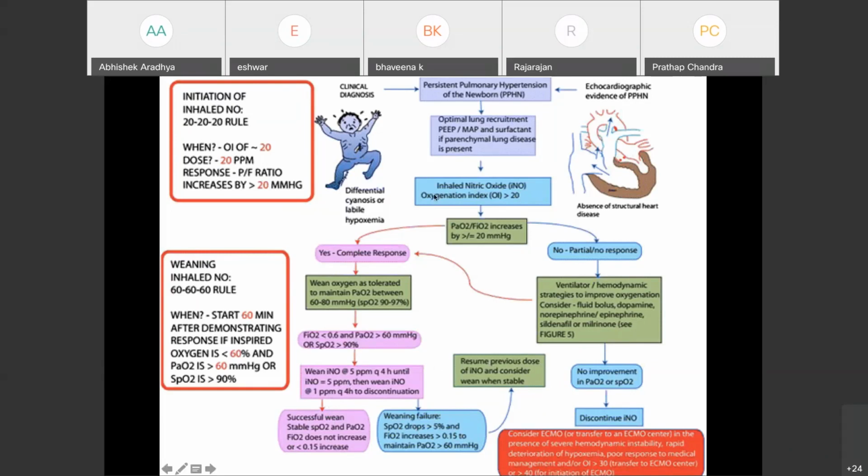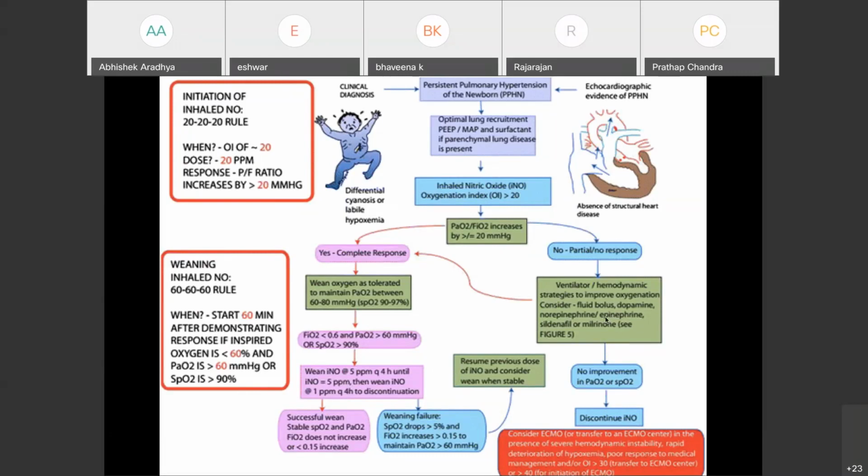Coming to the right side of this diagram, there are no responders or partial responders. That is when you should revisit and say, is my diagnosis correct? Is there any other congenital cyanotic heart disease? Or the ventilator, is it delivering correctly? Am I recruiting the lungs properly? Did I use the right inotrope? Did I use the right vasodilator?